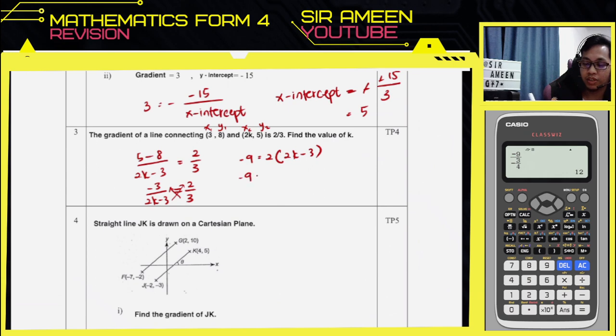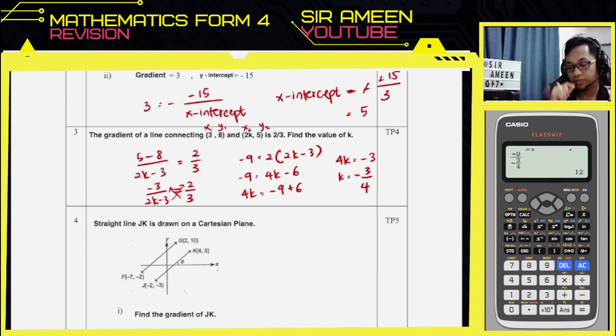So negative 9 equal to 4k minus 6. Solve for k. So 4k equal to negative 9 plus 6. So 4k would be equal to negative 3. K would be equal to negative 3 over 4.